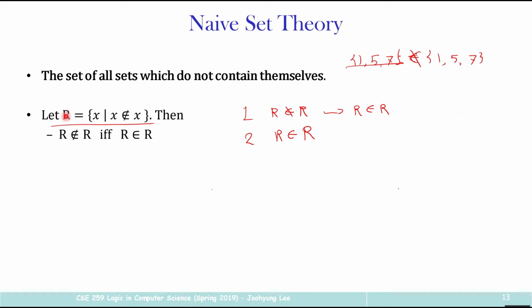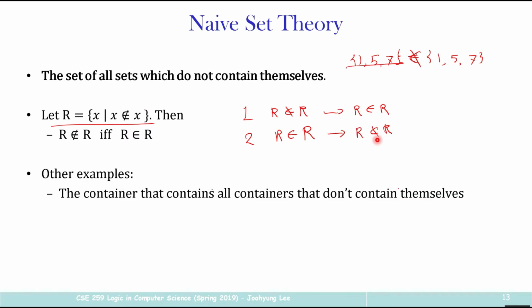If R is a member of R, then it has to satisfy the condition, so R must not be a member of R. The only condition that makes X be in R is when X is not in X, right? So if R is in R, that means R satisfies the condition here, meaning that R is not a member of R. In either case, we got the contradiction.